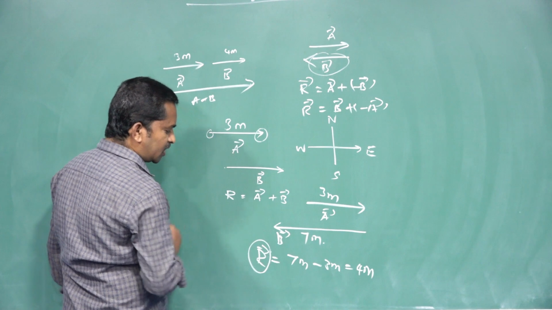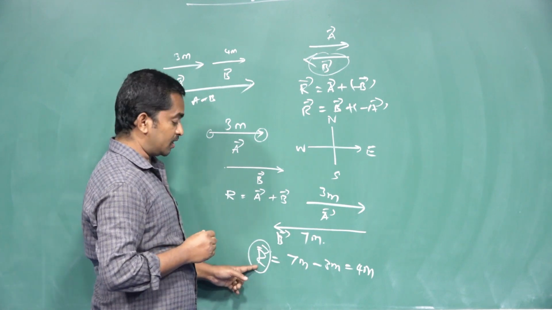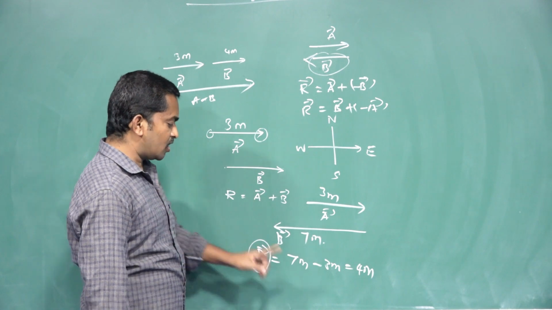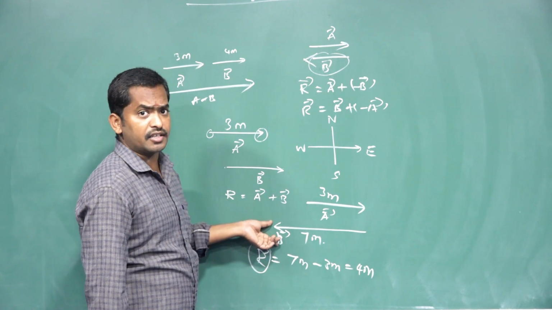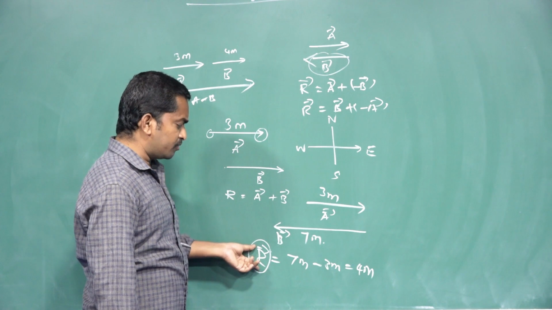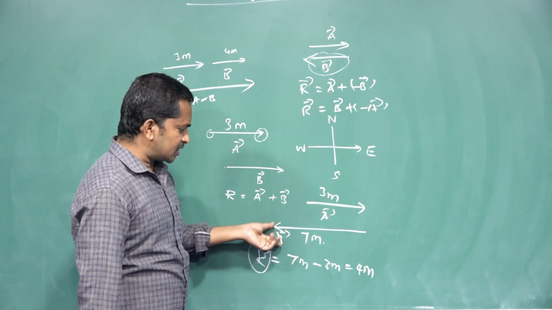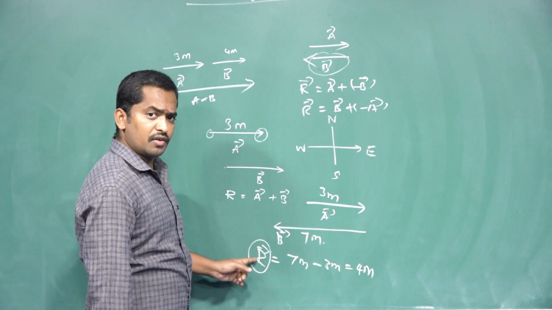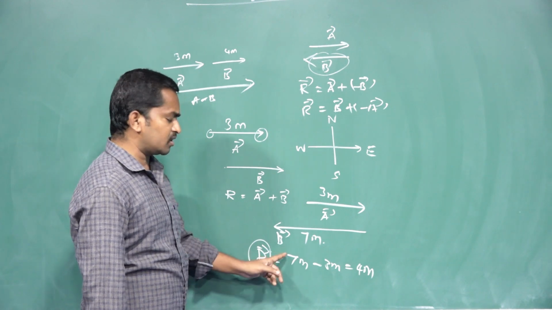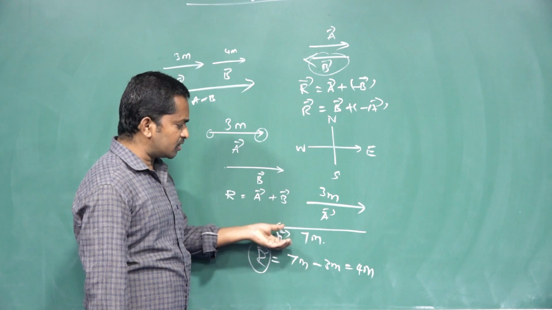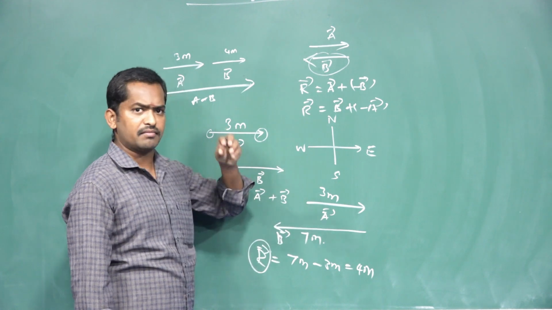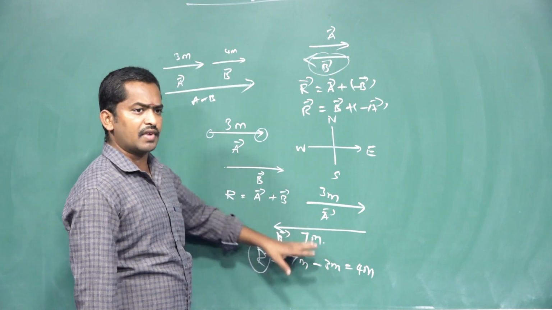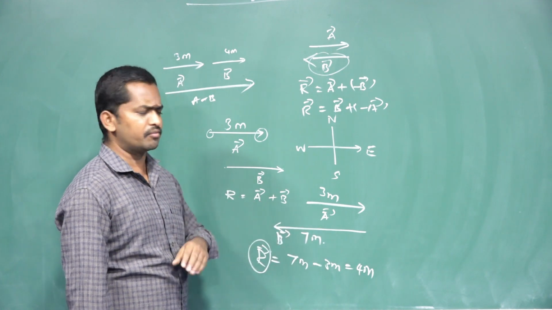The direction of the resultant vector is always along the direction of the maximum magnitude vector. It is a very important one. So the maximum magnitude is B vector, so the direction of R vector is along the direction of B vector. Which vector has maximum magnitude? The resultant vector is along the direction of the maximum magnitude vector. It is a very important one.